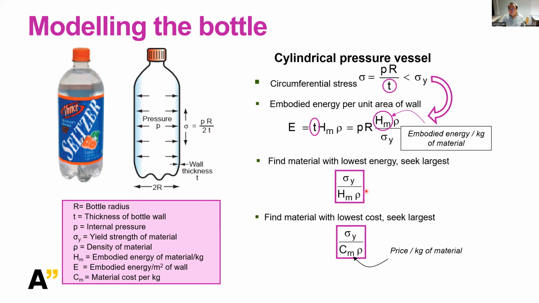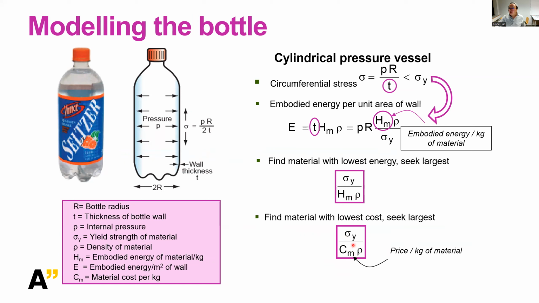You can basically memorize the material index for cost-related issues. Here, as we're looking for the yield strength, we just replace HM by CM, which is the material cost per kilogram. And that's basically your second material index.